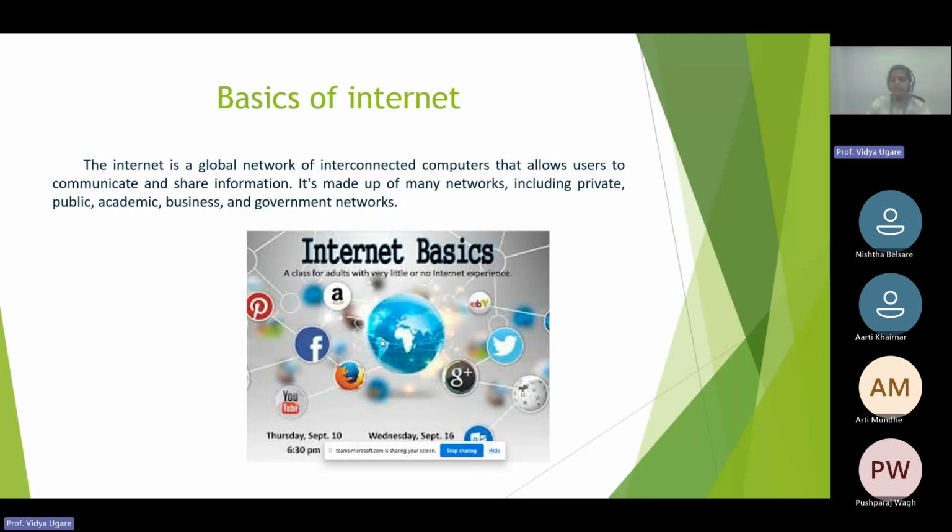Now as you can see, it is made up of many networks. Maybe they are private, maybe they are public, maybe they are related to academic, business or government, defense, etc. Because right now, you and I are also connected with the help of internet. If there was no internet today, it would not be possible to take this online session, right?